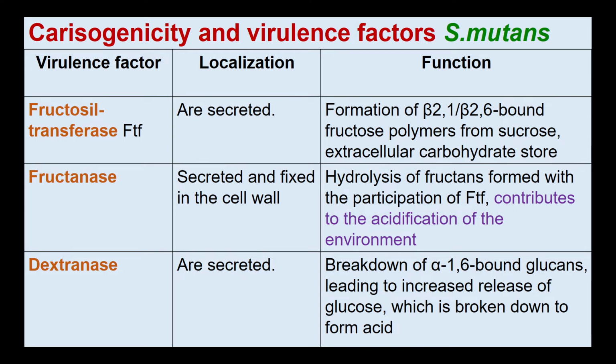The next virulence factor, dextranase, a secreted enzyme, breaks down alpha-1,6 bound glucans, leading to increased release of glucose, which is broken down to form acid.